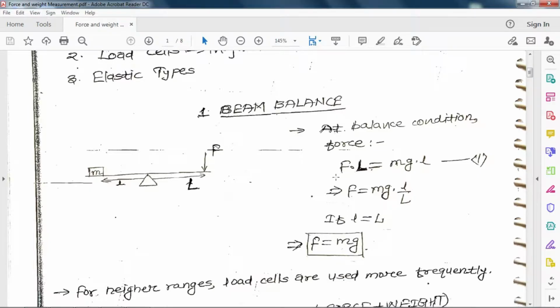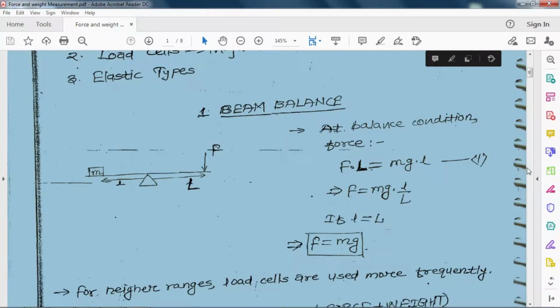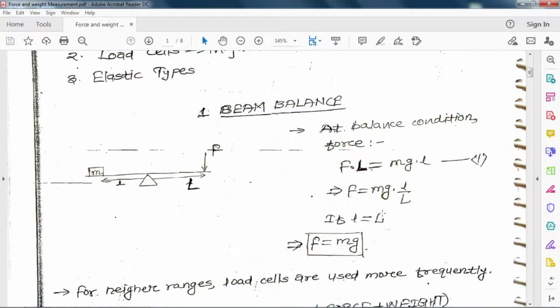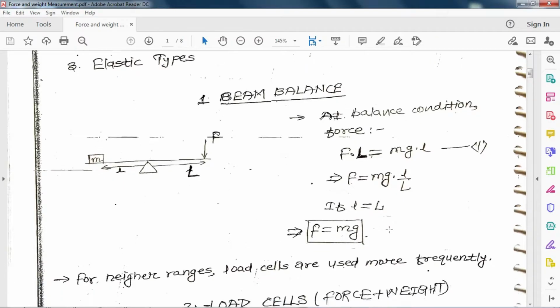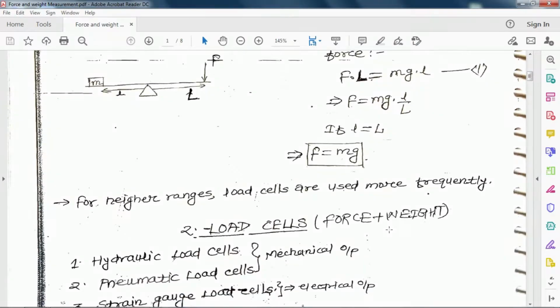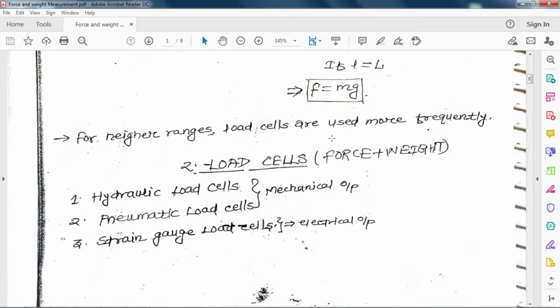So in balance condition, force into capital L is equal to m, mass of the element, into g, acceleration due to gravity, into small l. So force is equal to mg into l by L. If small l is equal to L, our force is equal to mass into acceleration due to gravity g. For higher ranges, load cells are used and are more frequently preferable.